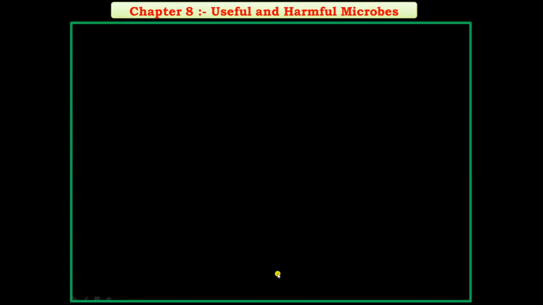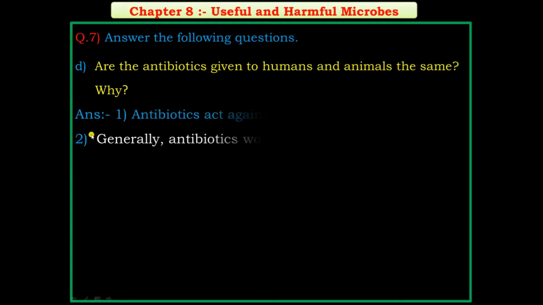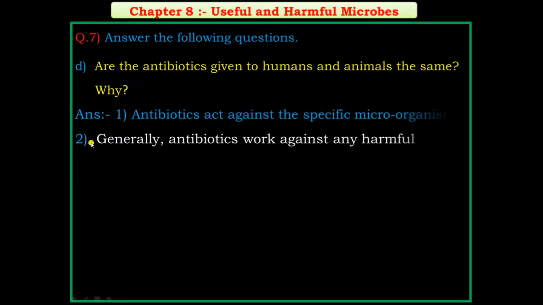Next question is question number D. Are the antibiotics given to humans and animals the same? And why? The answer is, antibiotics act against a specific microorganism. Point number 2.